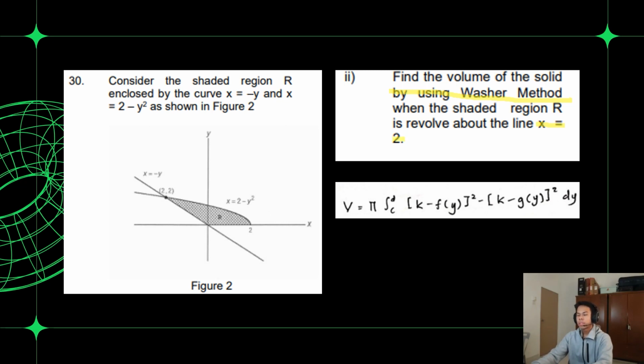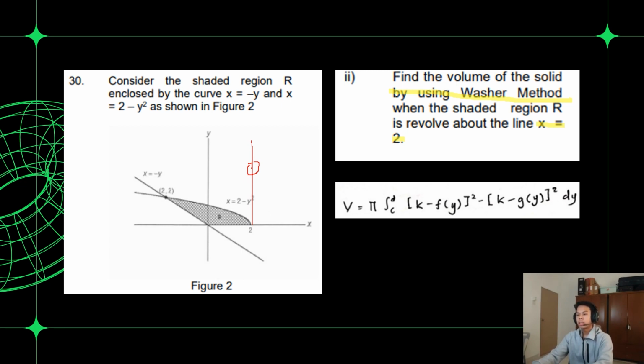So let me draw it down. Where is the rotation axis? It is here actually. So the solid will rotate here, and then to complete this question, I have already put down the formula.